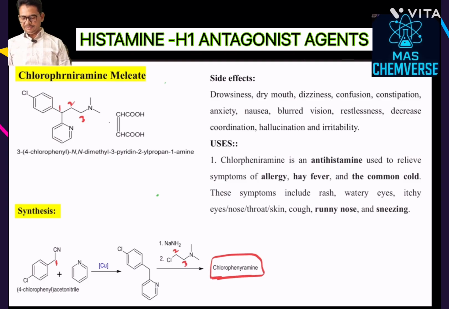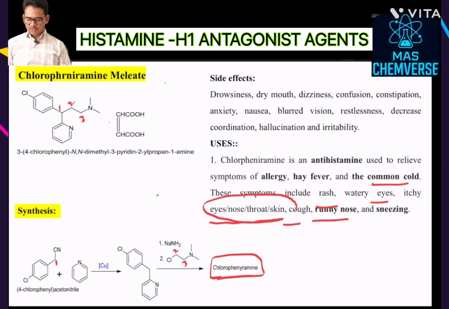This is very important, because this particular drug is most useful in case of allergies and common cold. It is useful in the rashes caused due to allergy, and eye infections like watery eye, itching of the eye, runny nose, cough, sneezing, various itchy processes of the eyes, nose, throat, skin, all of which are treated by using this drug.